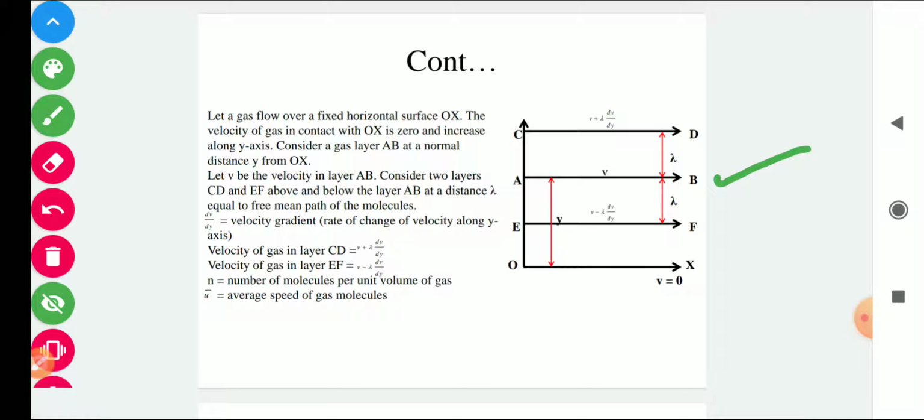Consider two layers CD and EF above and below the layer AB at a distance lambda, equal to the mean free path of the molecule.